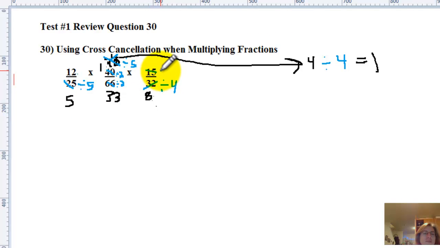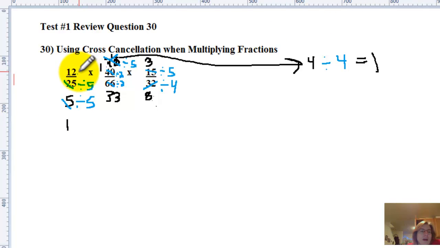We're going to divide by 5, and we're going to get a 3 up there. Because I divided by 5 on the top, I need to divide by 5 on the bottom, or I'm going to get messed up. And that becomes a 1.